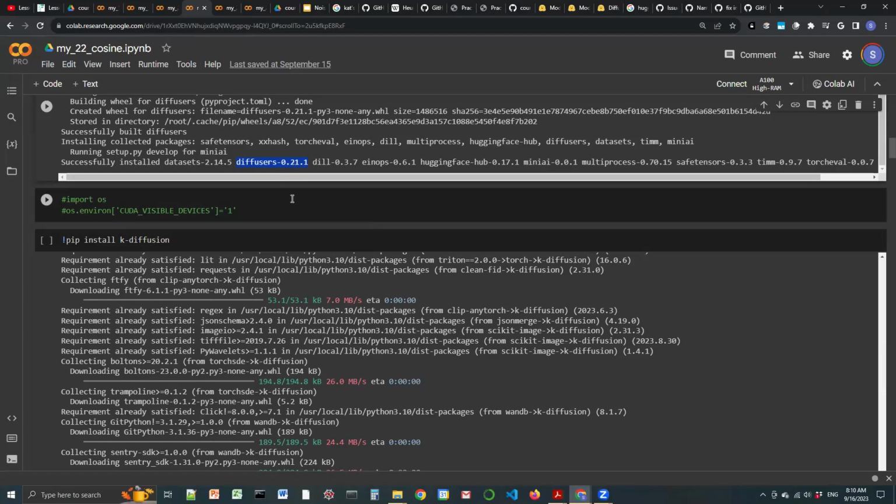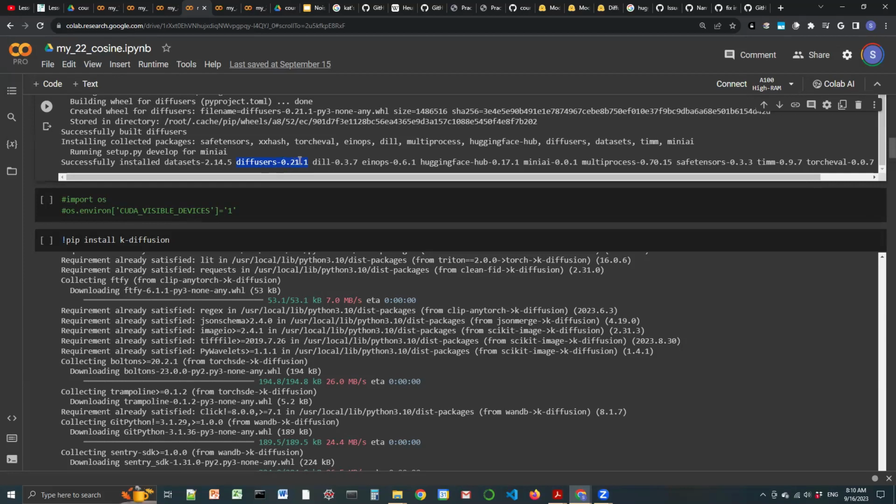I had seen it in a couple of tweets. One of the DevRels at Hugging Face who works on this diffusers library had made some changes. The whole team has made some changes, so I thought that bug might have resurfaced.